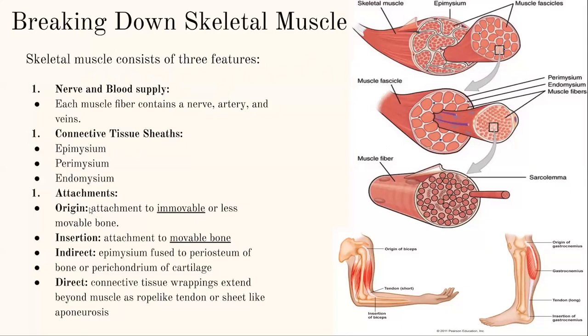For example, attachments would be like the origins and the insertion that we're doing in lab. Origin meaning that it's attached to an immovable bone, and the insertion is attached to a movable bone. And we also have indirect and direct.